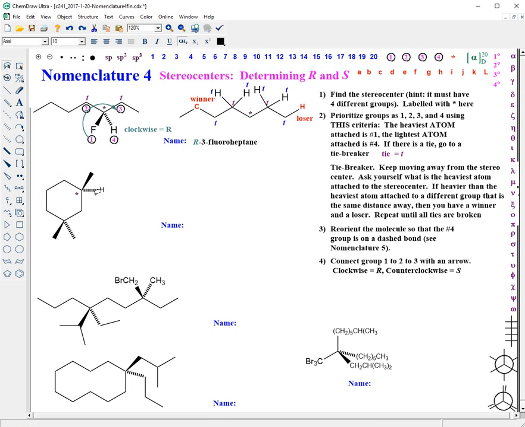Priority 4 is a fairly simple decision. It's an H. Some of you might be thinking the 4 is always an H. Later on you will clearly have to modify your thinking. The 3 is a methyl. Why is the 3 the methyl? What is the heaviest thing attached to this C? The tied C. The heaviest thing attached to that C is an H. Moving our ties over again.